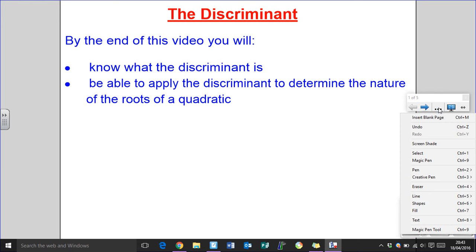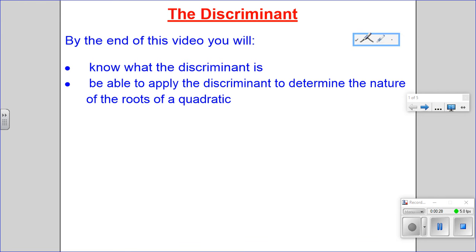It is part of the quadratic formula, specifically the part of the quadratic formula under the square root sign. So the discriminant is b squared minus 4ac. And the reason why the discriminant is important is because it's under the square root symbol.